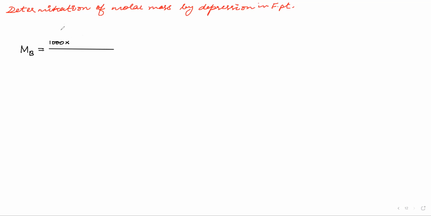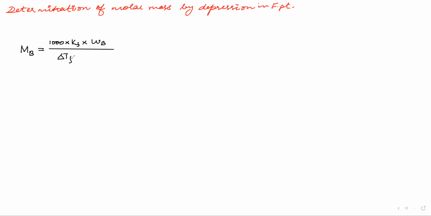Tell me, Ahmed, one term in the numerator. KF. Okay. Amalia, tell me the other term in the numerator. WB. Now, Sania, tell me the first term in the denominator.